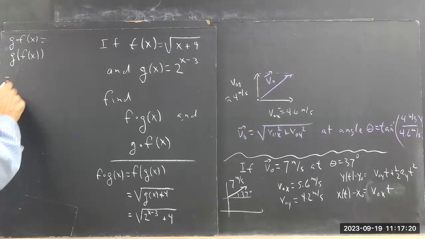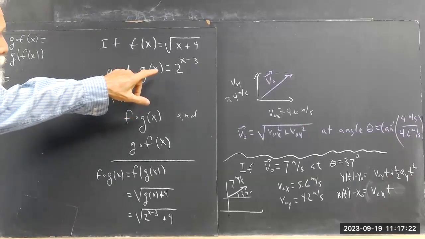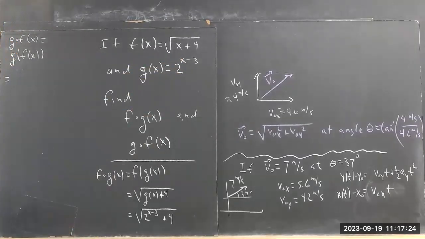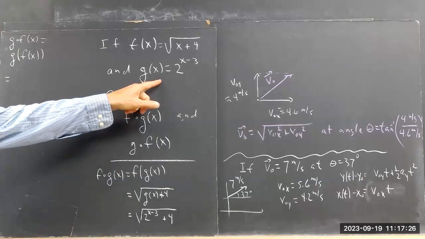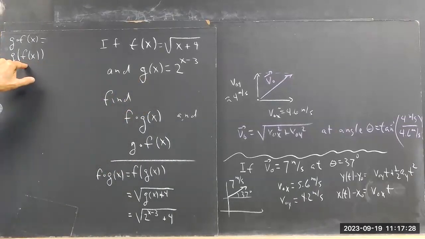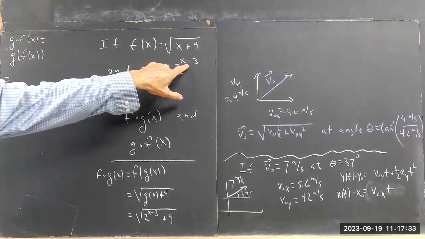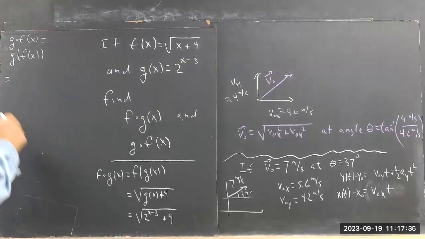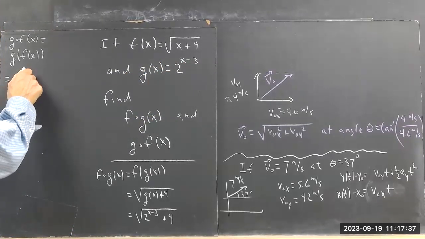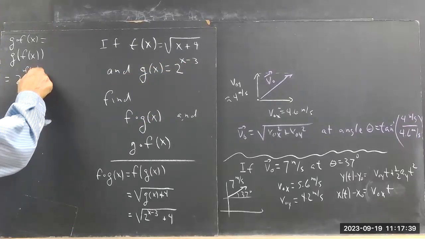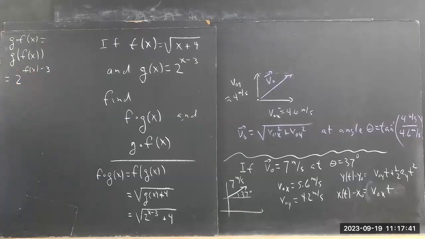And that equals what? Well, g of x is 2 to the x minus 3. If x is replaced by the expression f of x, then this x gets replaced by the expression f of x. So this is 2 raised to the f of x minus 3.